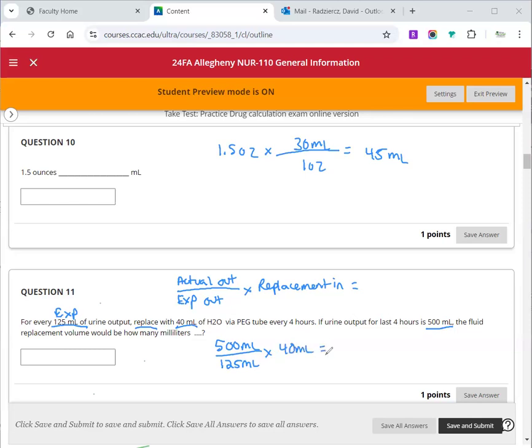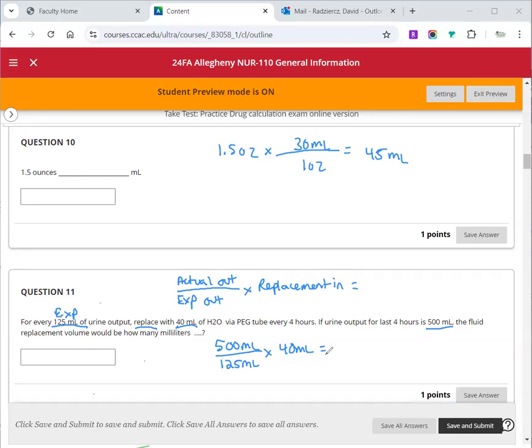Now, I know that looks a lot like ordered over available, or desired over have times quantity. It's similar, but I'm just trying to keep it simple and straightforward. And so if you answer this question following the actual out over expected out times your replacement volume, you should be able to get this one right every single time.